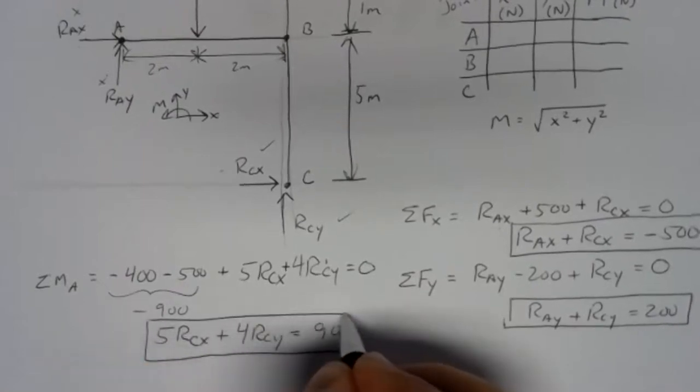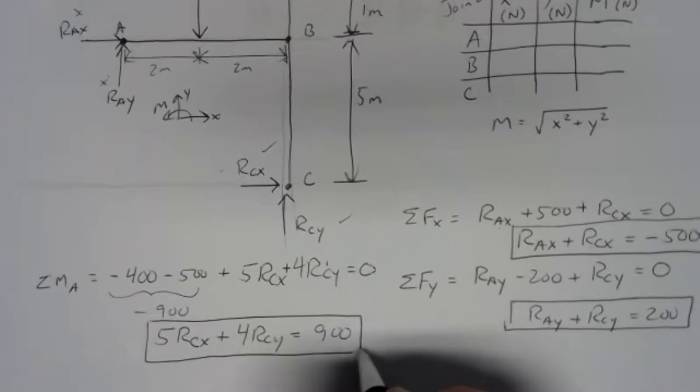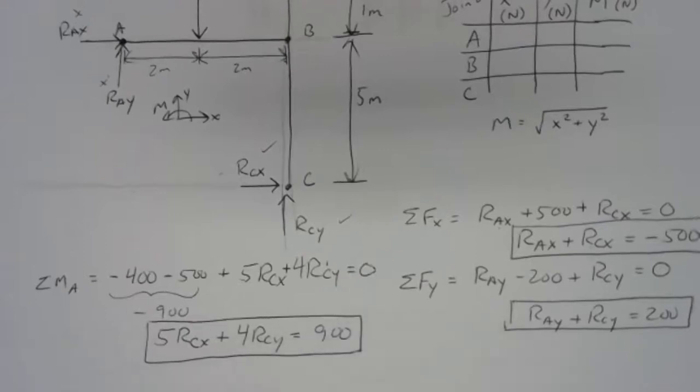That says that RCX and RCY can't just be any old 2 numbers. They have to be so that when you multiply RCX by 5 and add it to 4 times RCY, they have to add up to 900. So while we haven't gotten any numbers, we have gotten 3 equations that our answers have to satisfy.